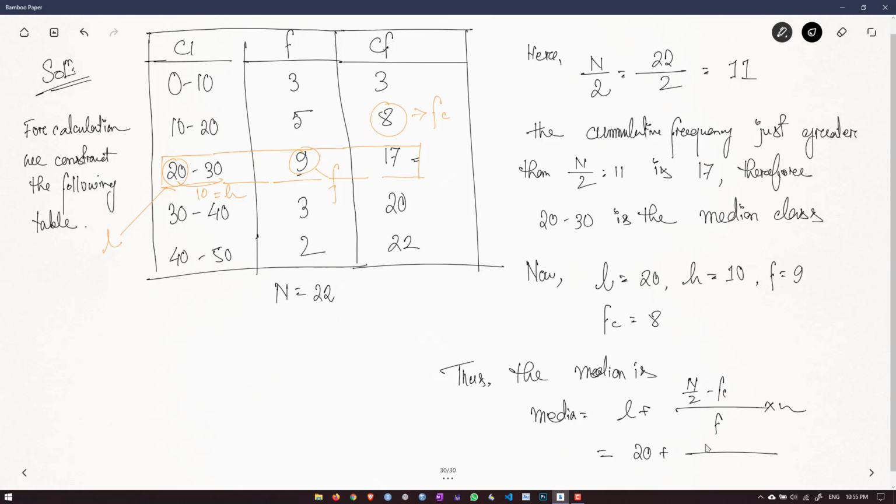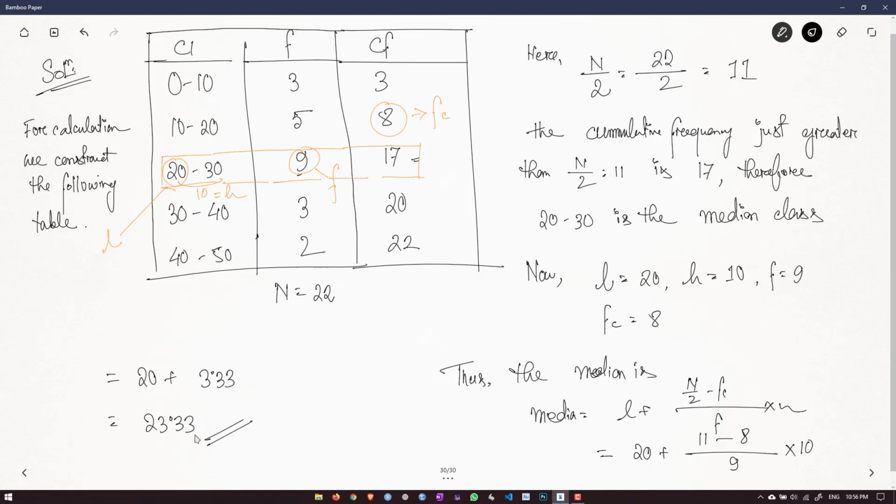It is 20. N by 2 is 11. What is the value of FC? It is 8. What is the value of F? That is 9. Into H. What is the value of H? That is 10. Right? So if you solve this, you will get 20 plus 3.33, which is 23.33. Right? So this is the median.